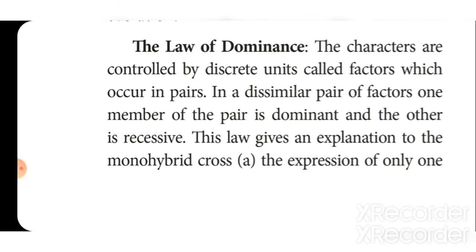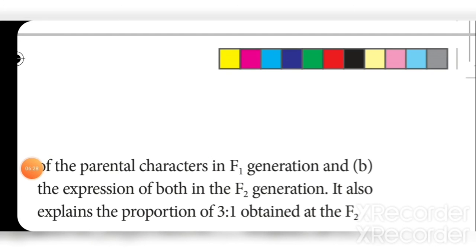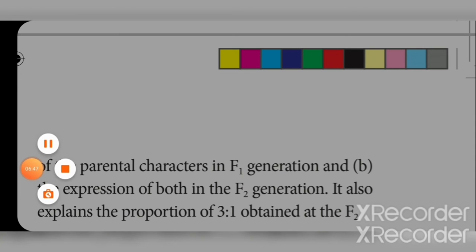This law gives an explanation to the monohybrid cross, that is, the expression of only one of the parental characters in the F1 generation and the expression of both in the F2 generation. It also explains the proportion of 3:1 obtained at the F2.